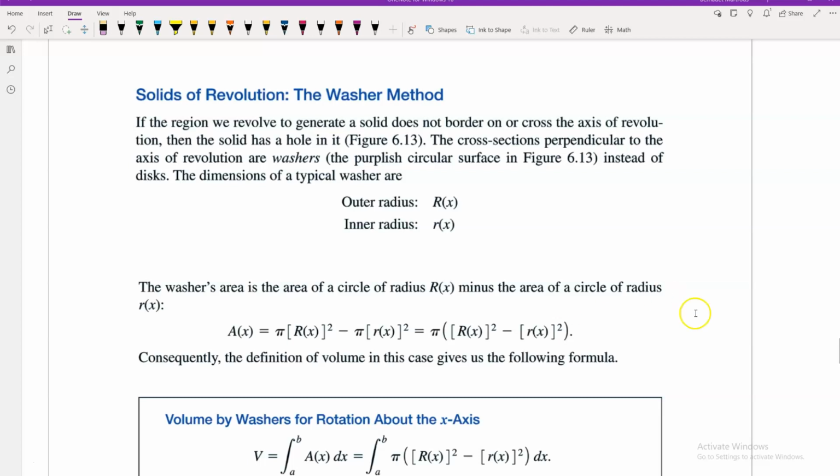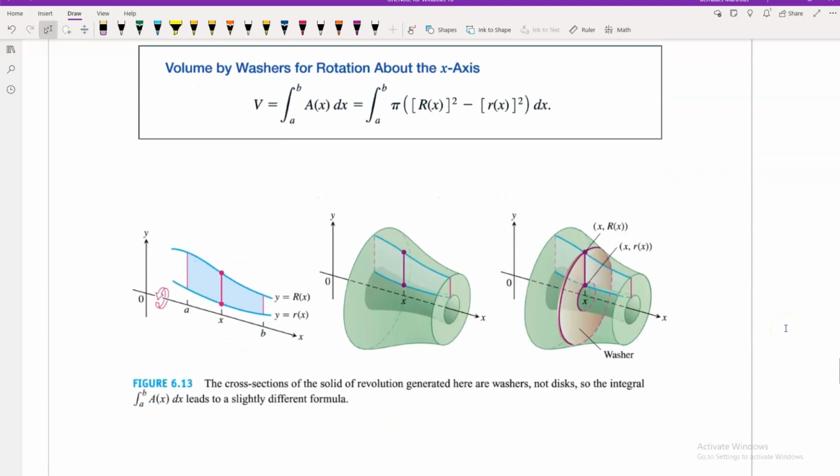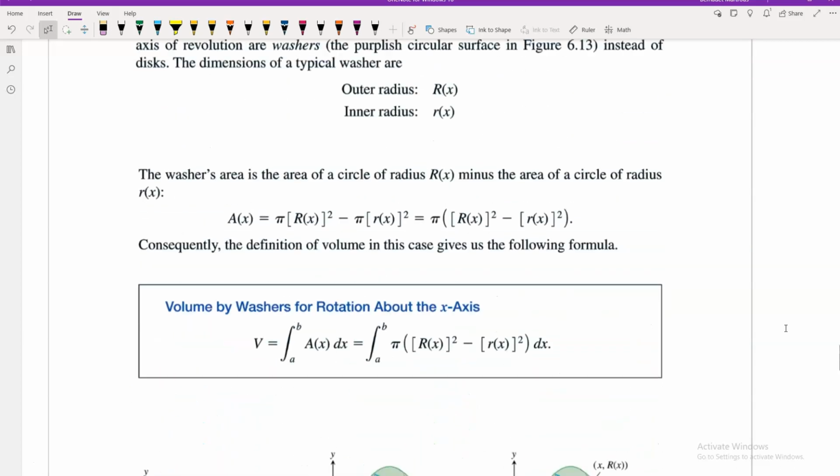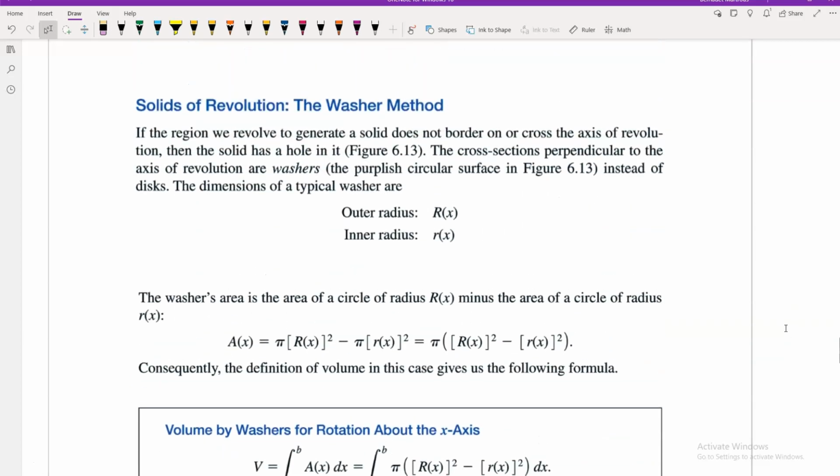So here we have this figure based on y equal to uppercase R and y equal to lowercase r, revolving above the x-axis. The cross sections perpendicular to the axis of revolution are washers instead of disks.